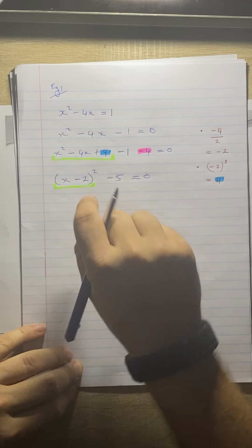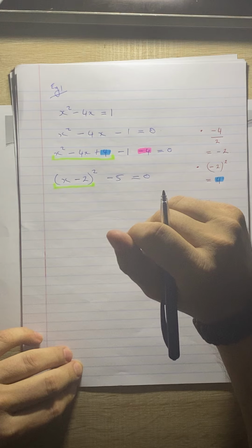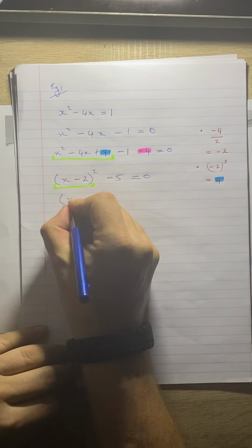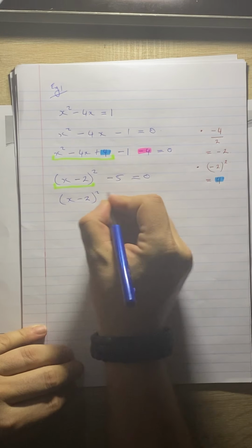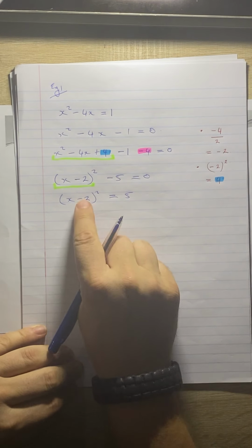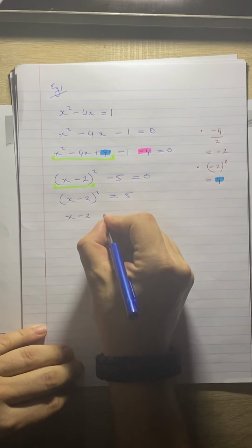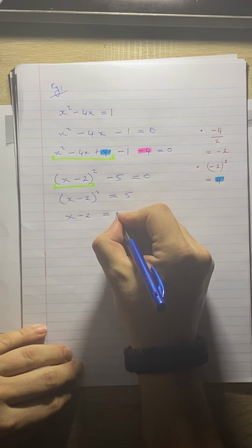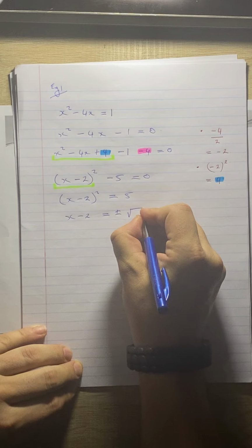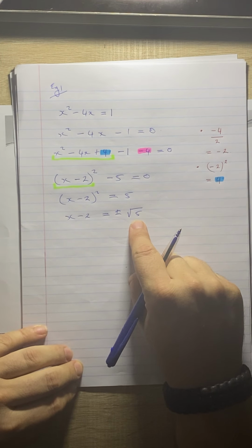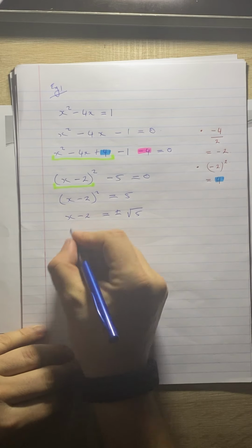Now this is very similar to the homework that you did for me yesterday. I'm going to take the 5 to the other side. And then we take the square root of both sides. And remember, if we take the square root, it's going to be plus or minus square root of 5. And you can see we can't simplify the square root of 5 because it's going to be irrational, okay?